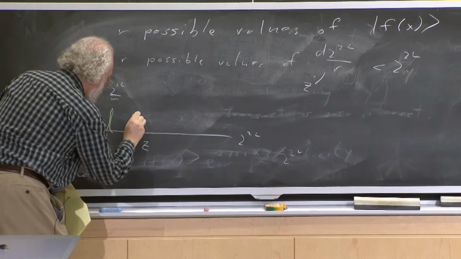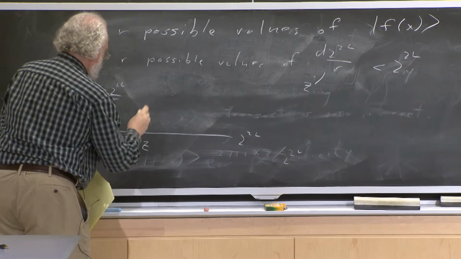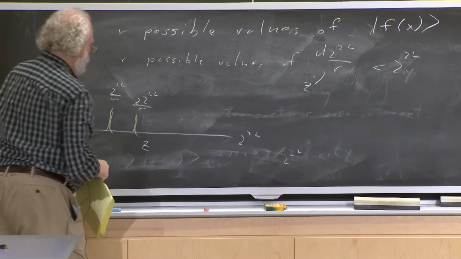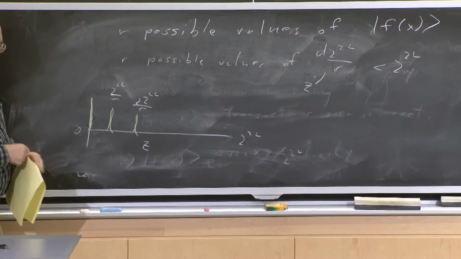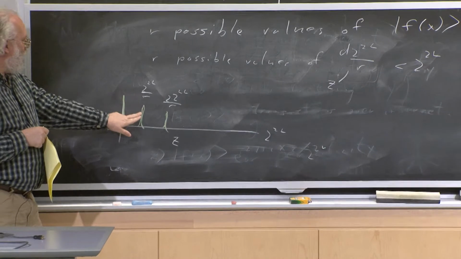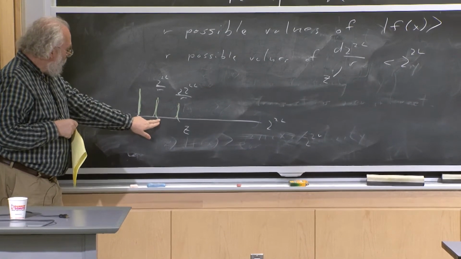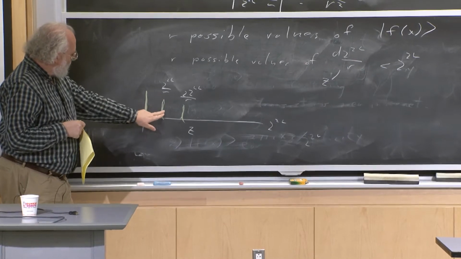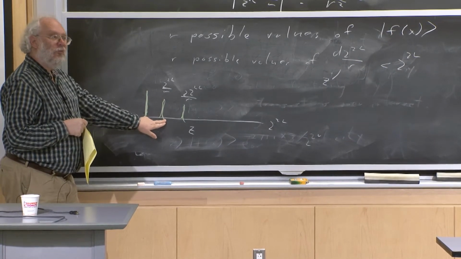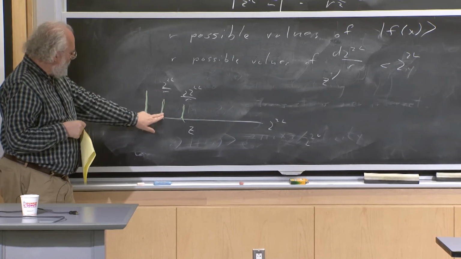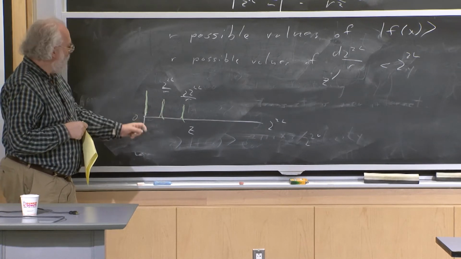There's a spike at 2 times 2 to the 2L over r, etc. And away from these spikes, if you're distance k from one of these spikes, it decays like, sorry, the probability is 1 over k squared from the top of the spike.